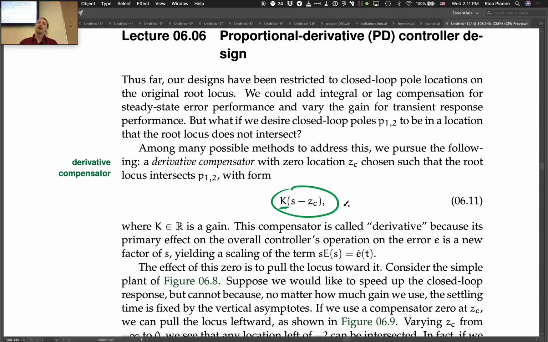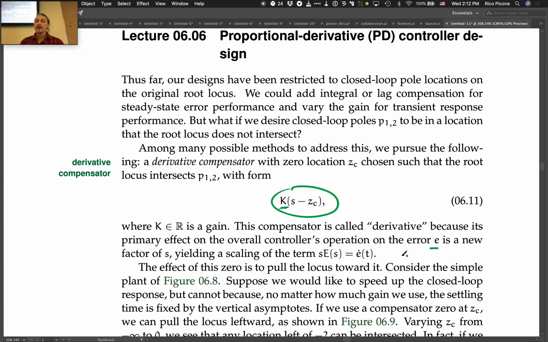This compensator is called derivative because its primary effect on the overall controller's operation on the error, E, is a new factor of S, yielding a scaling of the term S E(S), or in the time domain, just a time derivative. That's why it's called a derivative compensator.